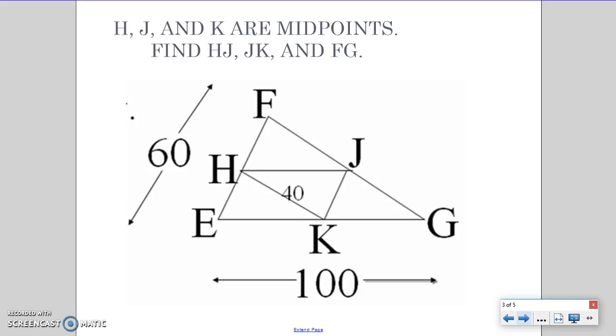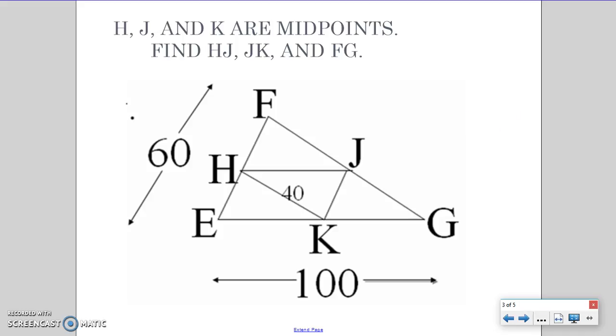Similarly, JG and JF are congruent pieces, and EK and GK are also congruent pieces. So what I'm going to do, I'm going to start with 60 over here, and I'm going to use that to relate with line JK.